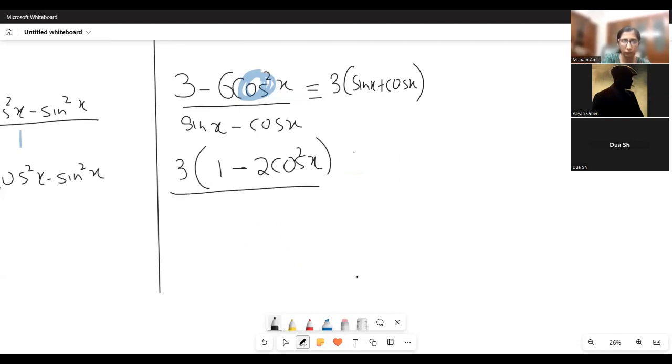And then we have sin x minus cos x. Now I need both sine and cos. So I think what I'll do is change 1. I know 1 is equal to sin square x plus cos square x. So that way also I'm getting both sine and cos terms in the numerator. Next I'll figure out how to cancel the denominator with that.